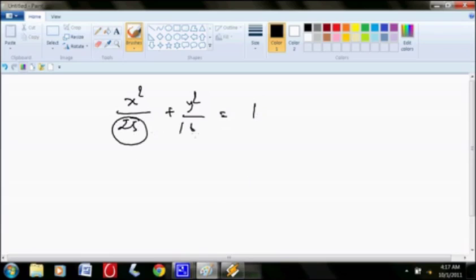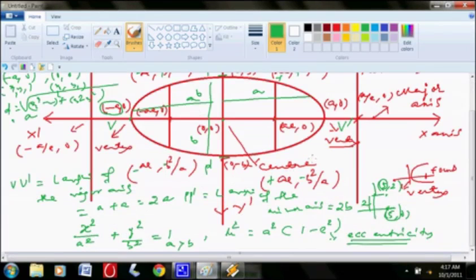As this denominator, let me say this is d1, this is d2, d1 should be greater than d2, then this is overall called a horizontal ellipse. We'll also be discussing the vertical ellipse. You can make out it's just shifted like this, then it becomes a vertical ellipse.